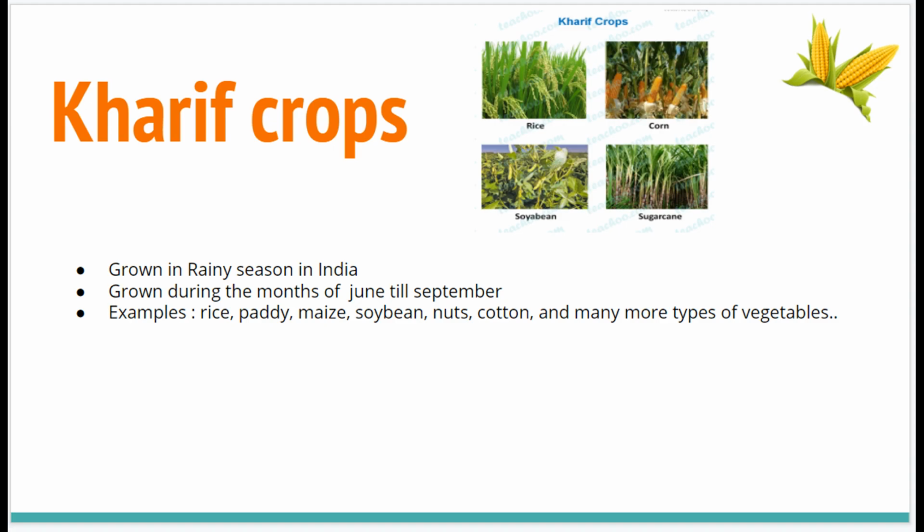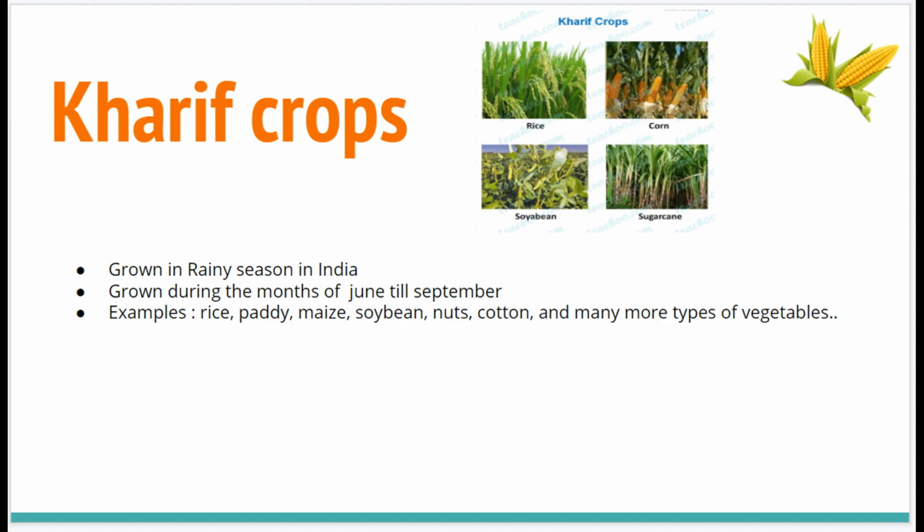Among these, these plants are grown because they need a huge amount of water. So the rainy season is chosen for their growth.